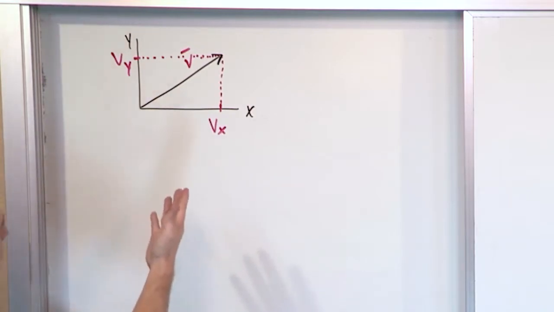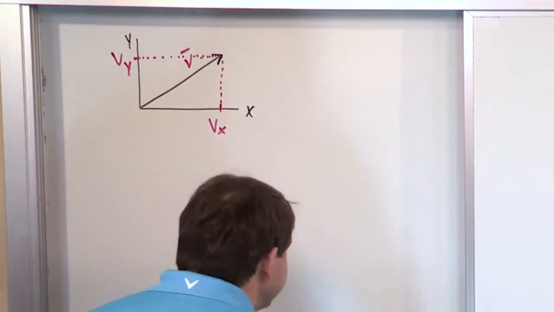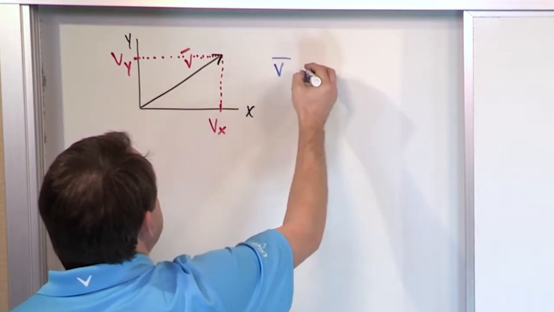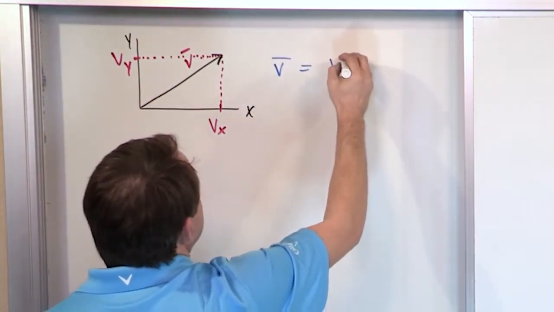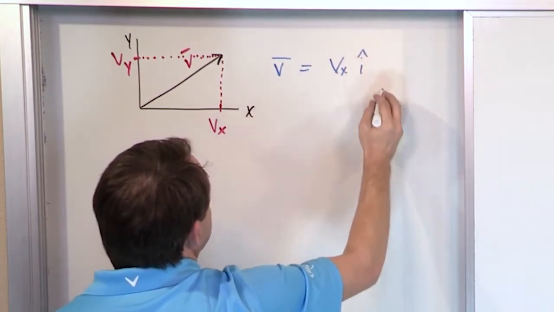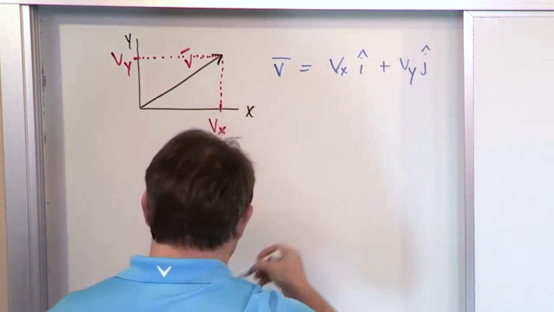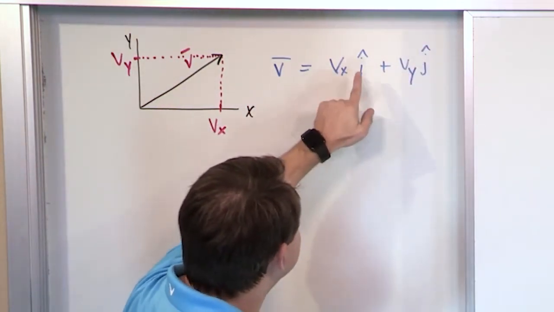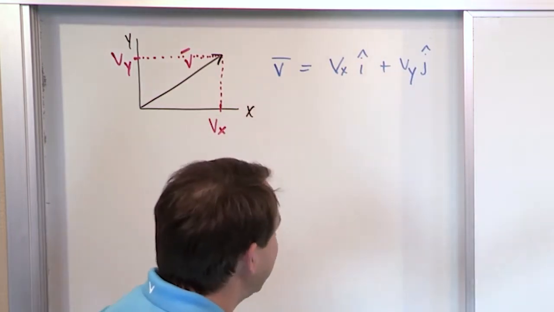And at first when you learn that, you don't see the usefulness of it. You don't understand how incredibly useful that is until you start looking at problems and realizing that this vector V can be written basically as the x component, Vx, in the i direction, plus Vy in the j direction, right? So you can write the vector in terms of an x component in the x direction plus a y component in the y direction.